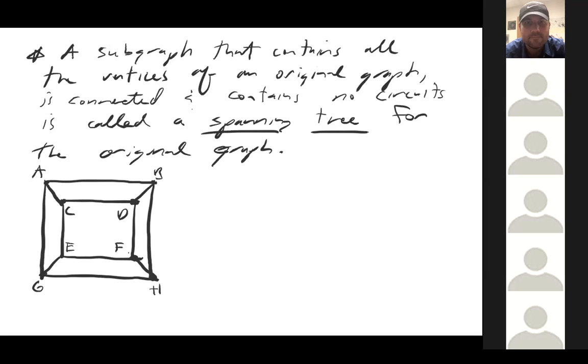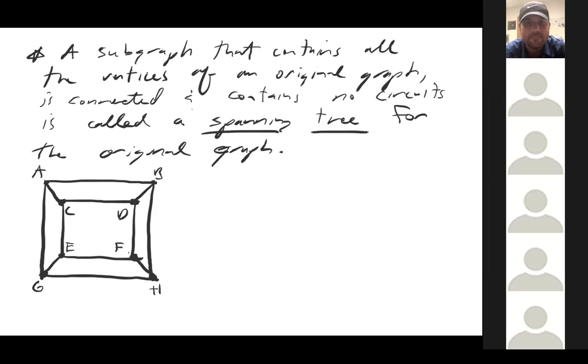Now that graph is not a tree because it has a lot of circuits in it. For example, one circuit is I could just go around like that. There's a circuit starting at C and ending at C. So this is not a tree.